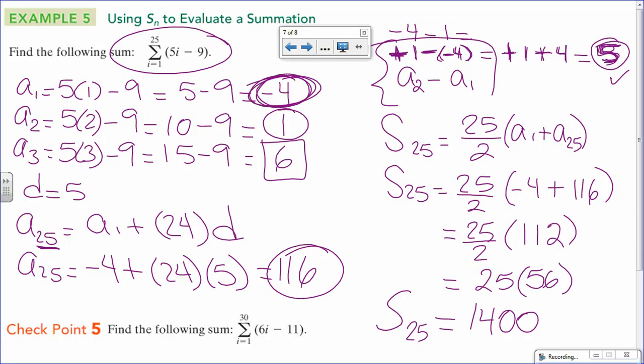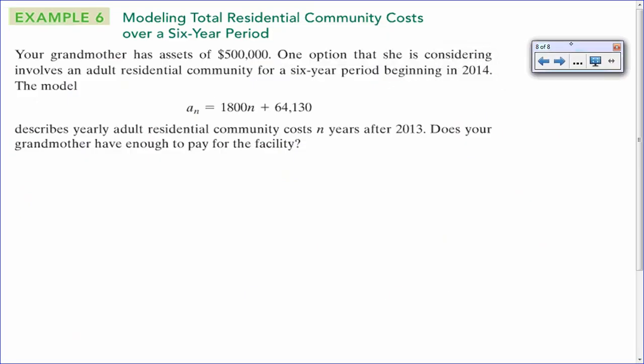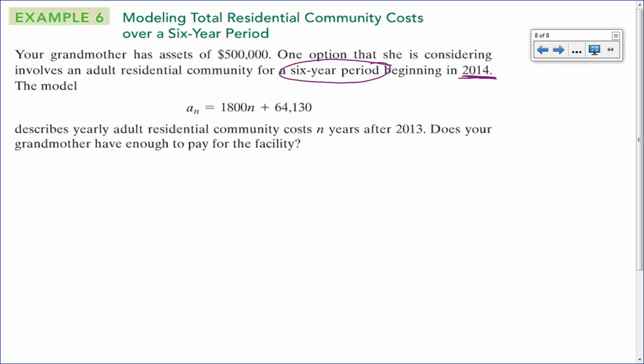Okay, I want to see what's next here. So we're going to skip that checkpoint. Let's just solve this last problem. Your grandmother has assets of $500,000. That refers to the introduction paragraph. One option that she is considering involves an adult residential community for a 6-year period beginning in 2014.